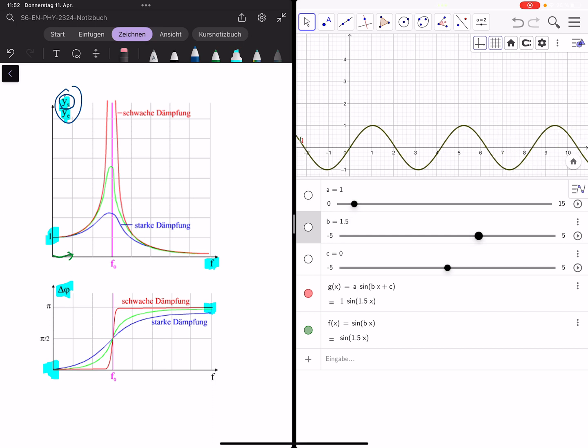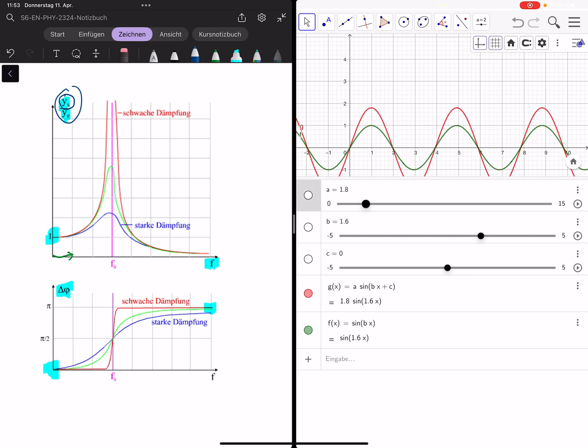So when we increase the frequency of the exciter, then we increase the frequency of the swing, but at the same time the amplitude of the swinging system increases. That means that we already put some energy into the swing, but it reaches a maximum and then that's it.